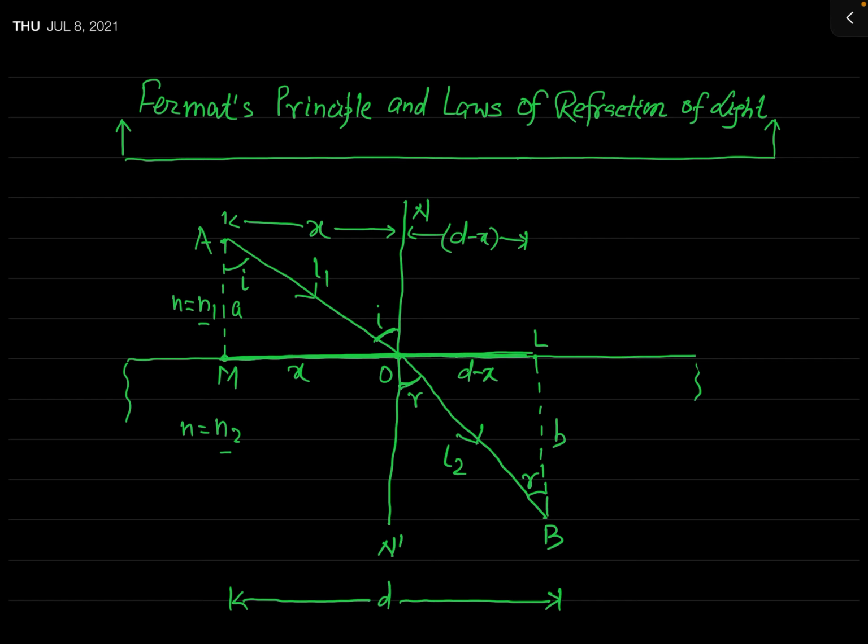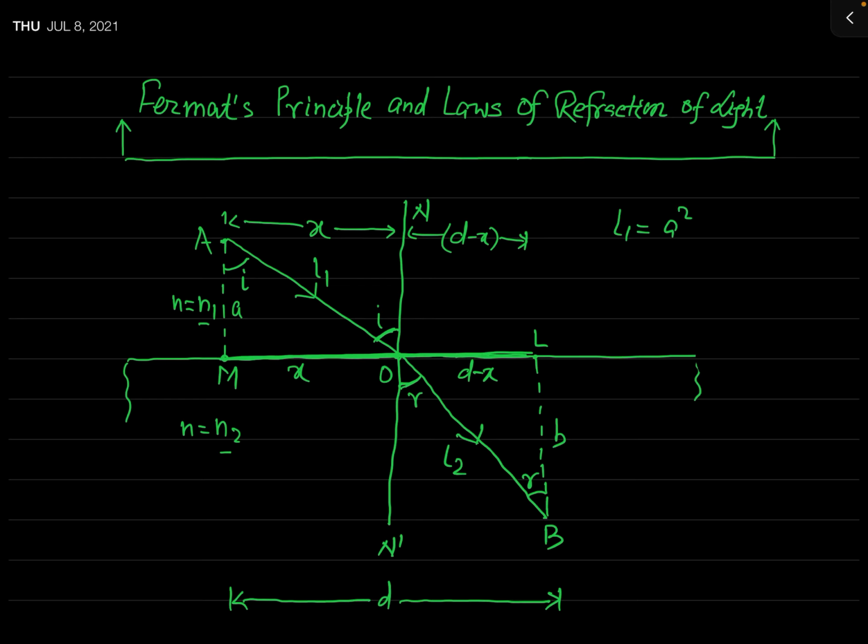Now the path length covered by this light ray in the first medium is AO, which I have shown by L1, and in the second medium it is OB, and I have assumed it L2. Now you can see from the geometry of the figure what L1 will be.